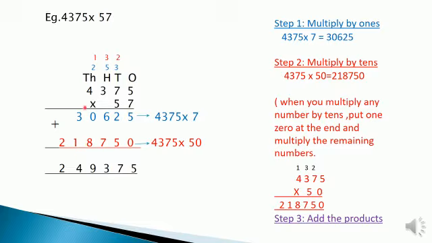Line up the digits in proper places. That means ones placed together, tens placed together, hundreds placed together. Like that you have to line up properly. And don't forget to put 0 here, and afterwards when you add this you get this answer, 2,49,375.